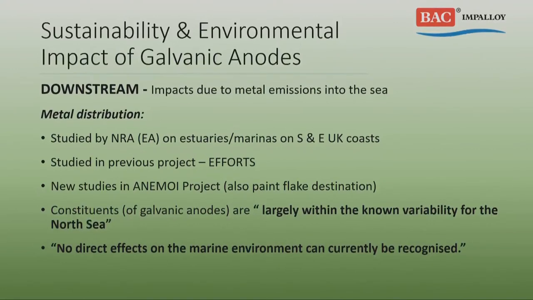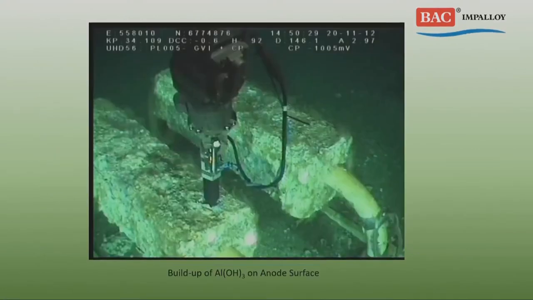If we look at the effect of dissolving anodes, you can see these are aluminium anodes on a sled on the seabed, and all the bits of white on it are in fact the product of corrosion.